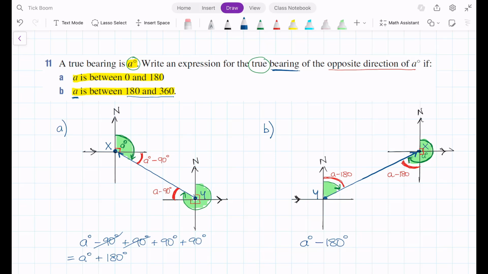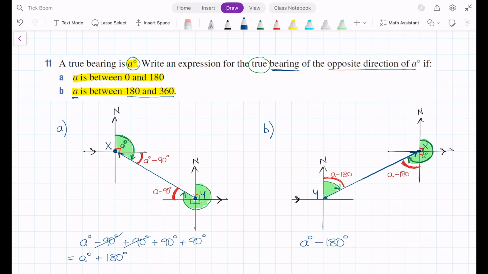I am conscious that bearings can be quite difficult when you're first learning them because there is a lot of terminology and a lot of new language. And it's helpful to always remind yourself that bearings are simply a more precise way to indicate direction.